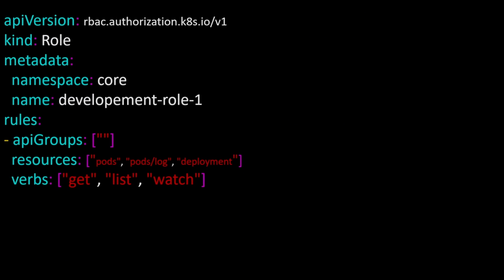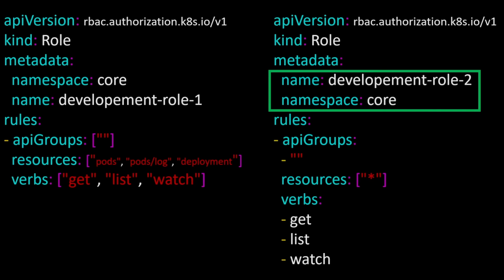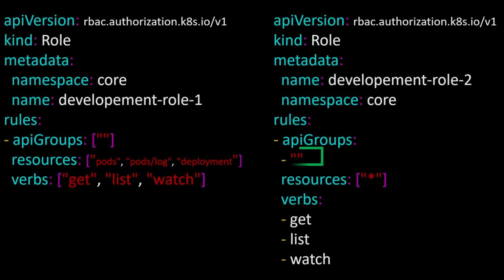There is another way to create the manifest file. This is our previous YAML file. This is the new style, but having the same content. In the metadata, we have defined name first and then namespace. It means that there is no harm in defining the name first. In apiGroups, we have defined the array.